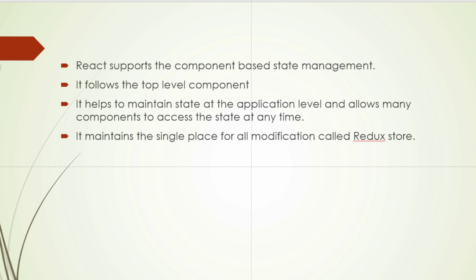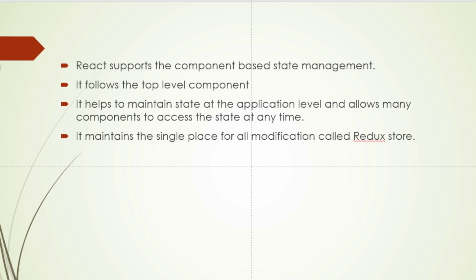To help with this, we came to the Redux store. So everything will be stored in a single place, and wherever we require data, we can retrieve it easily by using useSelector. It maintains the state at the application level, and every component retrieves the data that it requires.